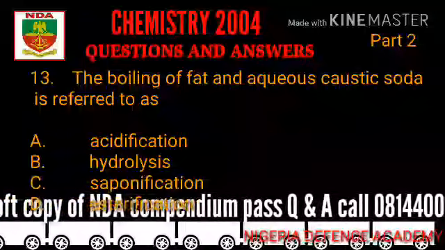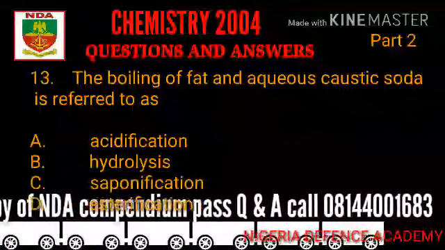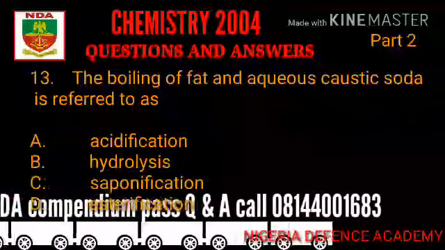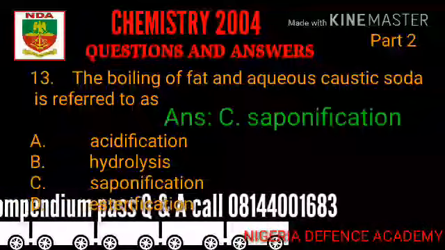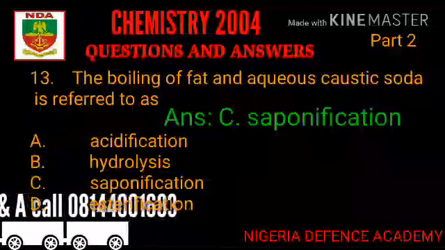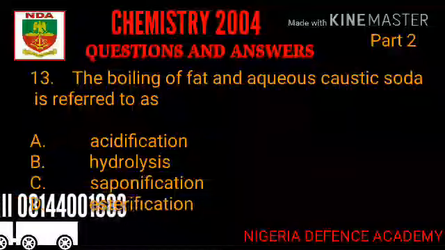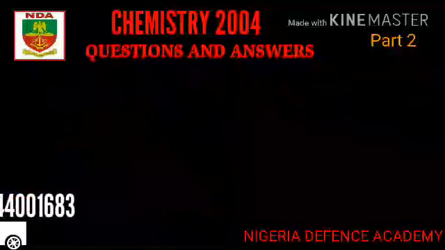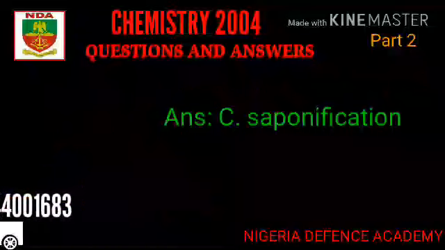Well, I think the boiling of fat and aqueous caustic soda is referred to as saponification. That is to say that option C is the right answer. You are right. Option C is the right answer.